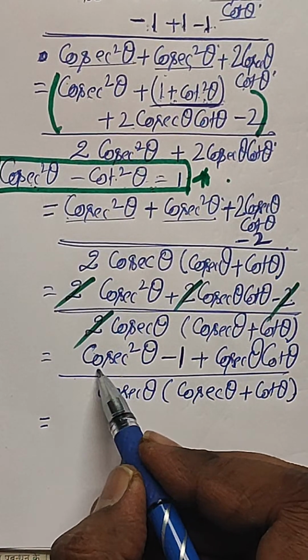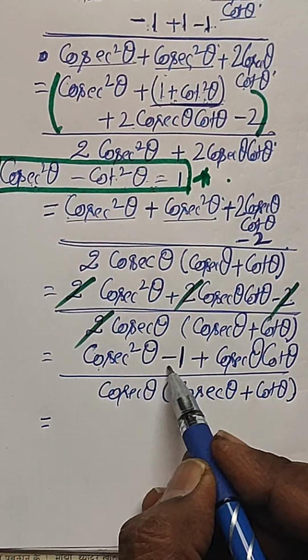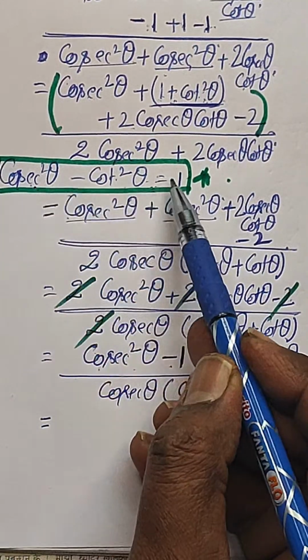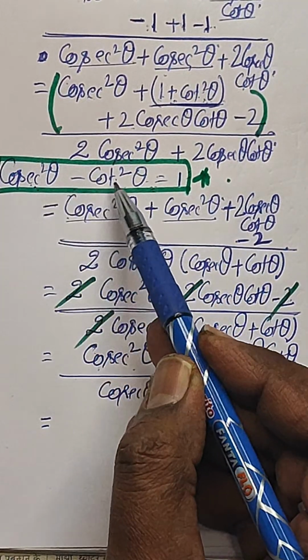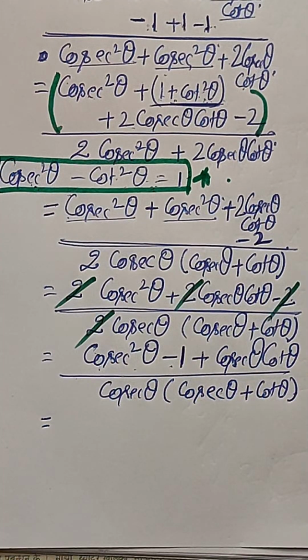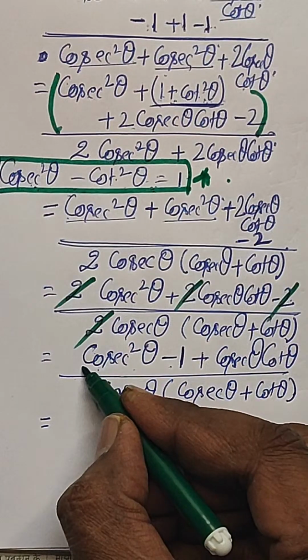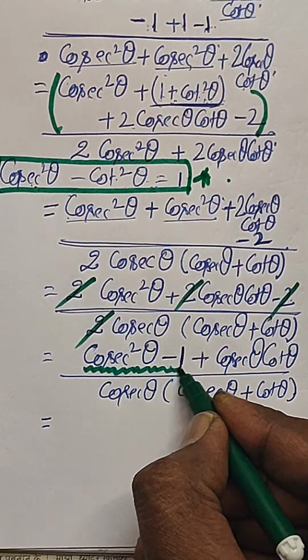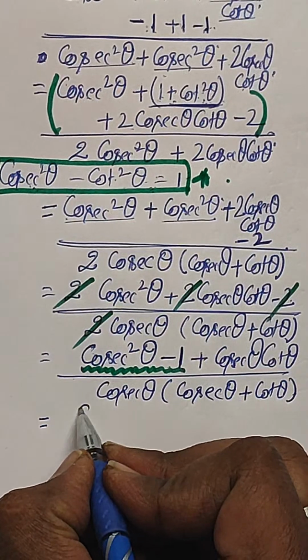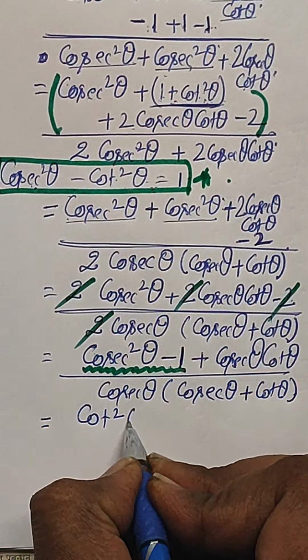So from here you can see cosec square theta minus 1. Here use this formula, cosec square theta minus 1 will become cot square theta, isn't it? So instead of cosec square theta minus 1, simply write cot square theta.